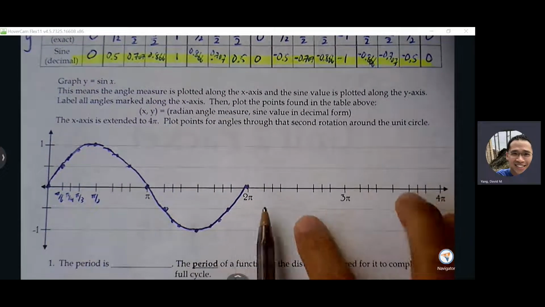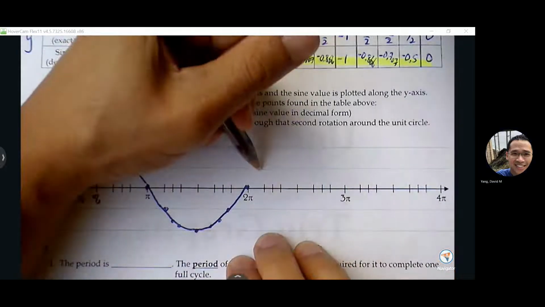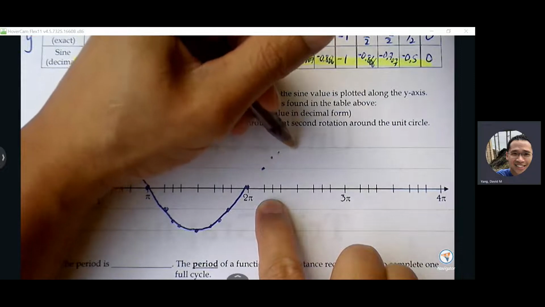So you can just build the same thing from 2 pi to 4 pi as well, without having to fill in all this information, but you estimate what it's going to be.